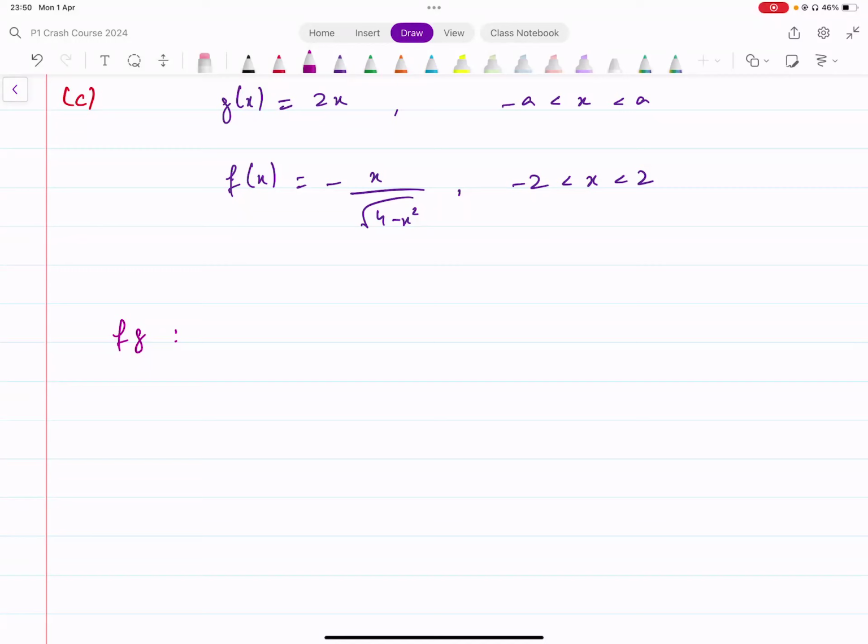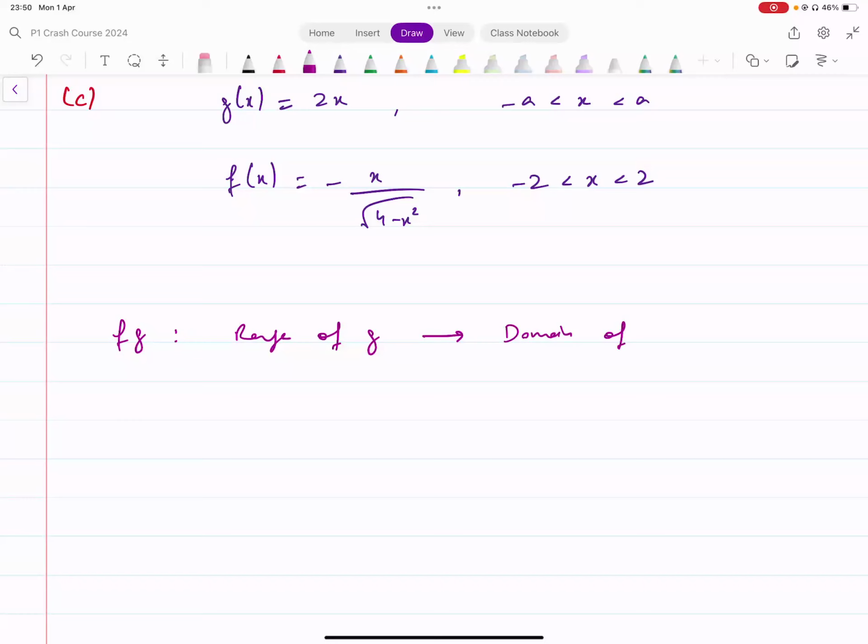Let's think about that. fg of x. fg is a composite function. f is the outer function, g is the inner function. Now remember the condition that we used to have? The whole range of the inner function, the range of g, it should be part of the domain of the outer function.